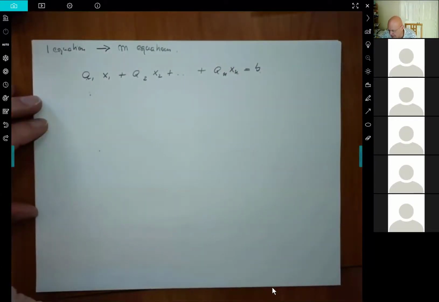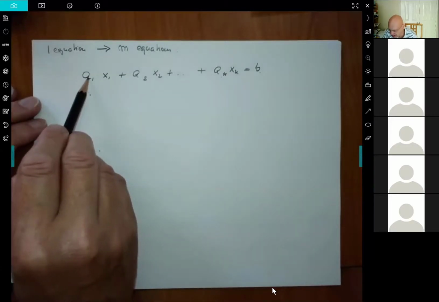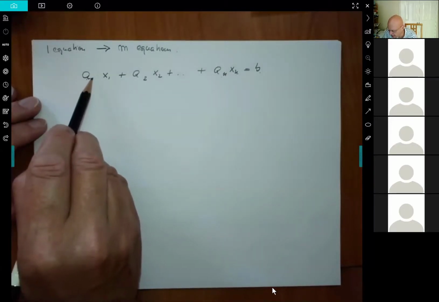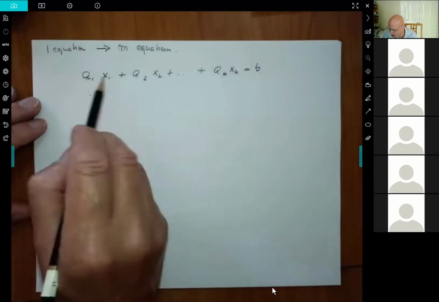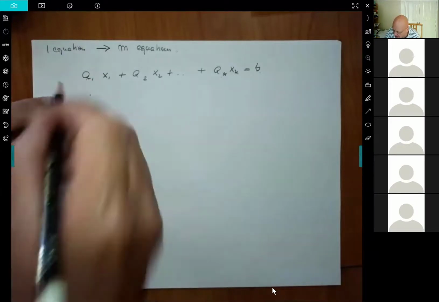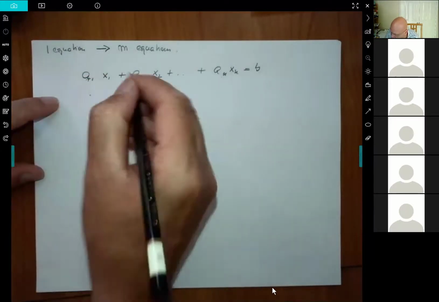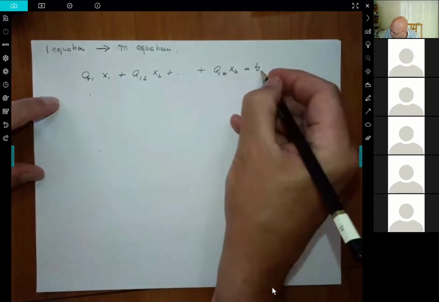Okay, and people came up with the idea, instead of just saying this one belongs to variable 1, this 2 belongs to variable 2, we make another index which tells us in which equation we are. So we write a11, a12, a1n equal to b1.